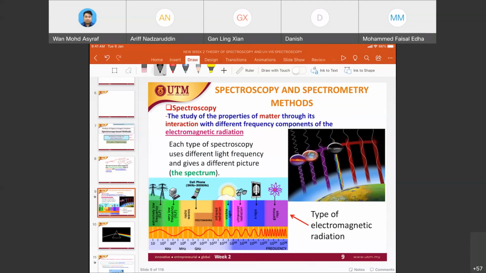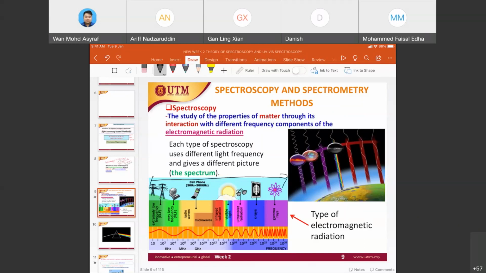radiation. Okay, you guys ada belajar electromagnetic radiation kan before this? Maksudnya in your engineering subject, ada belajar tak? Ada sikit betul. Ada sikit. Okay, alright. So electromagnetic radiation ni, kalau kita tengok through this spectrum yang dalam gambar ni, okay.